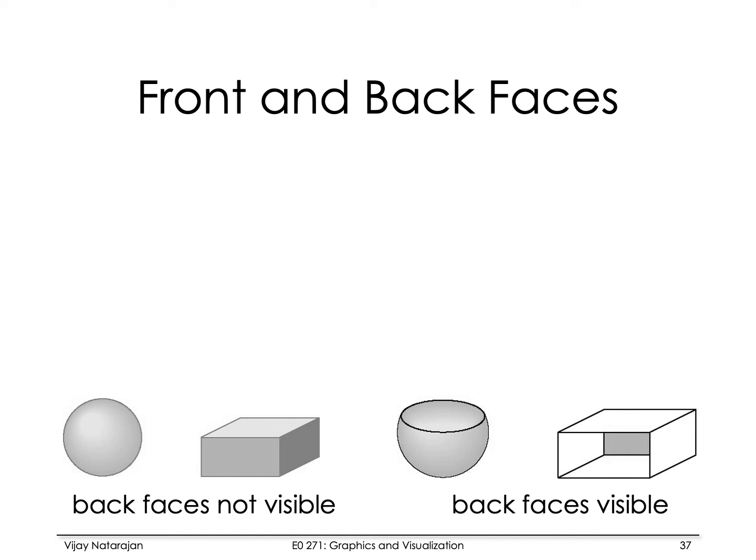Every polygon or every triangle has a front and a back face. We actually distinguish between these two. We could assign different colors to the front facing triangle and the back facing triangle.